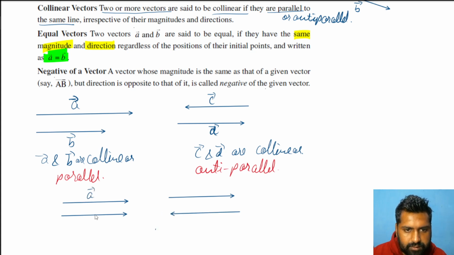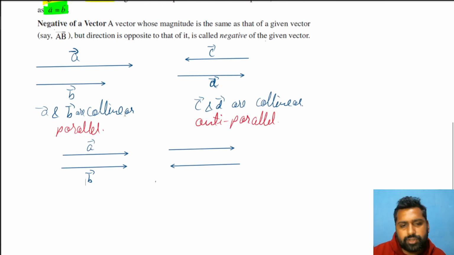This is a vector, this is b vector. Clearly you can see they have the same direction and almost the same length. Actually they should be exactly equal, so I'll try to make them exactly equal.